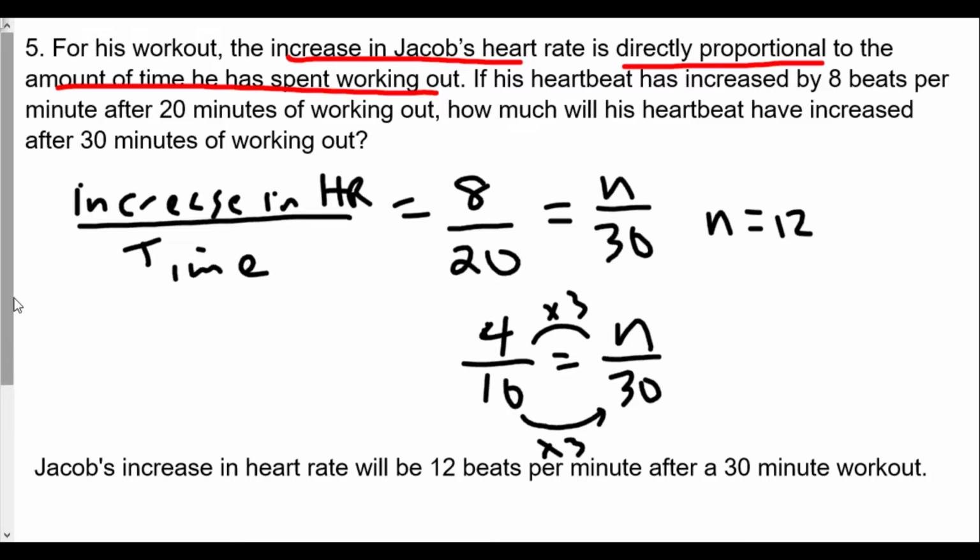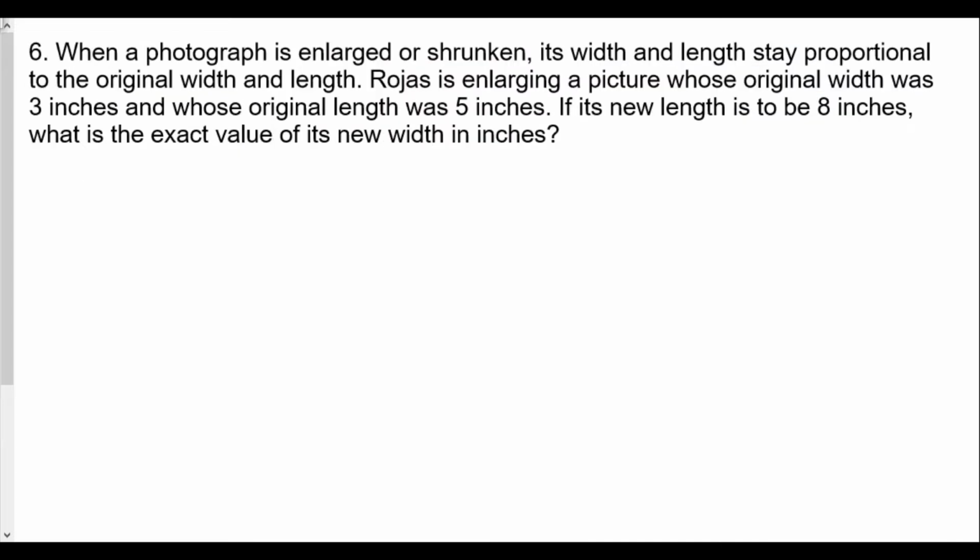Okay, question number 6. When a photograph is enlarged or shrunken, its width and length stay proportional to the original width and length. Rojas is enlarging a picture whose original width was 3 inches and whose original length is 5 inches. If the new length is to be 8 inches, what is the exact value of the new width in inches?